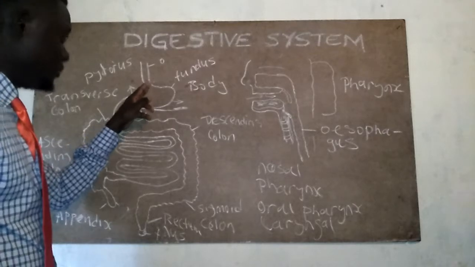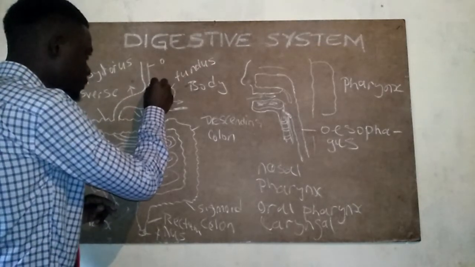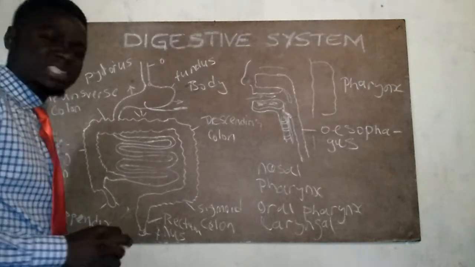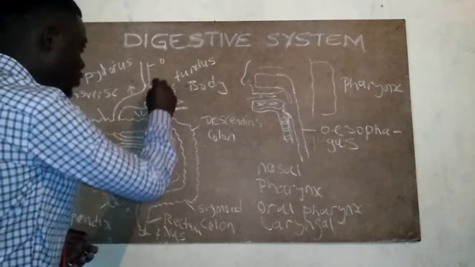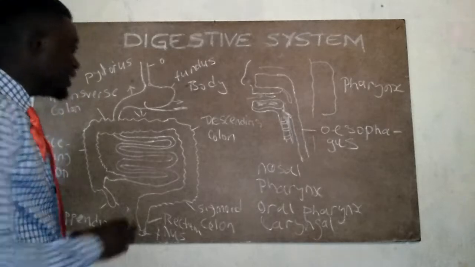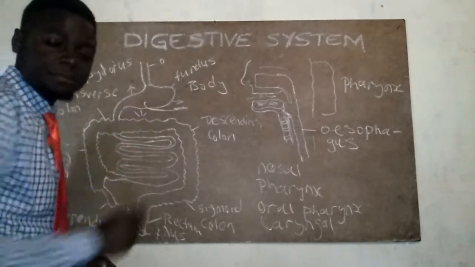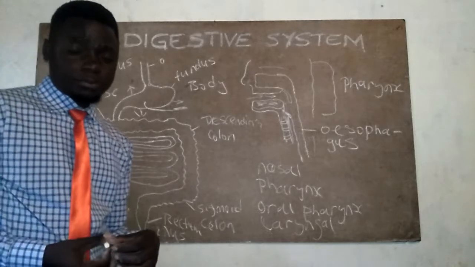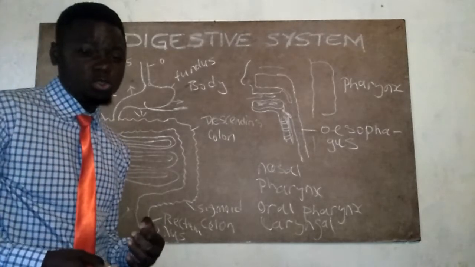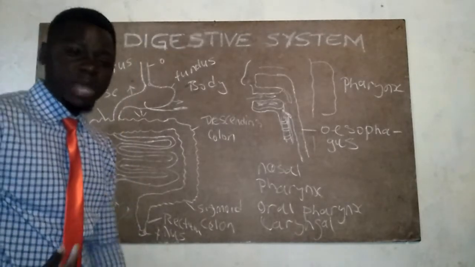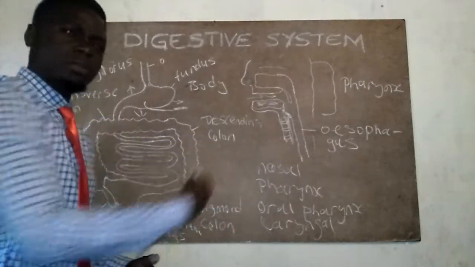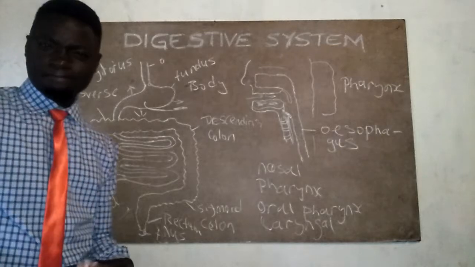And at this level here, there is a sphincter also. Since this sphincter is nearer to the heart, it's called the cardiac sphincter. The cardiac sphincter is very important, because it is the sphincter which stops the regurgitation of food when you eat, the going back of food towards your mouth or your oral cavity.